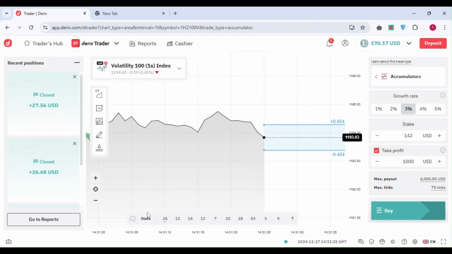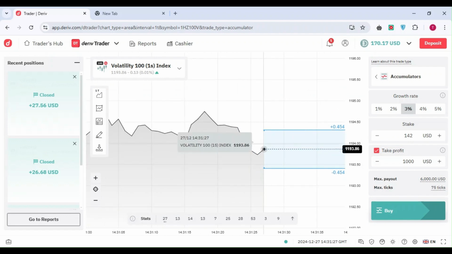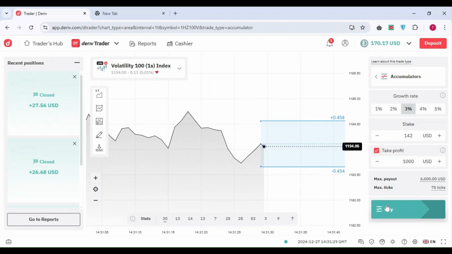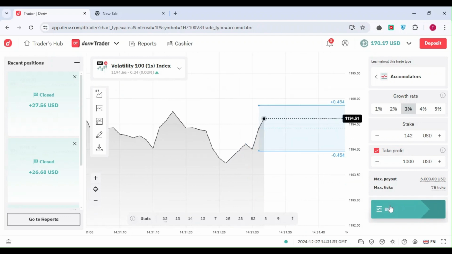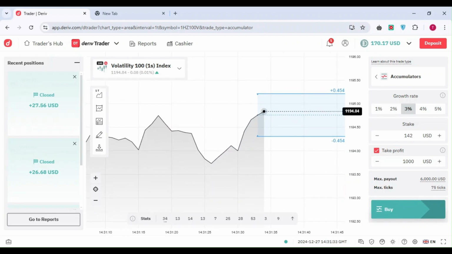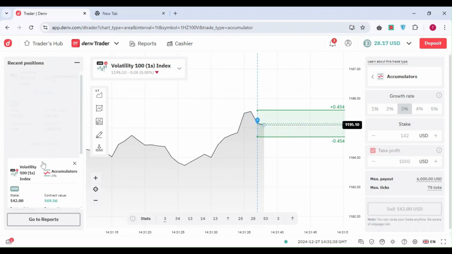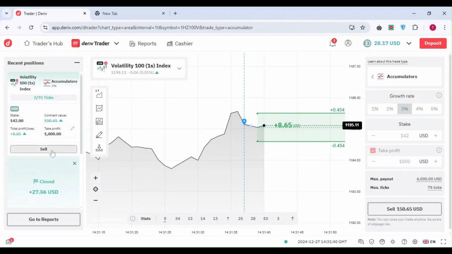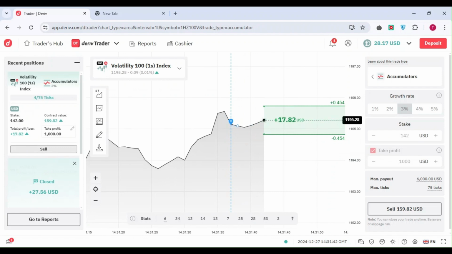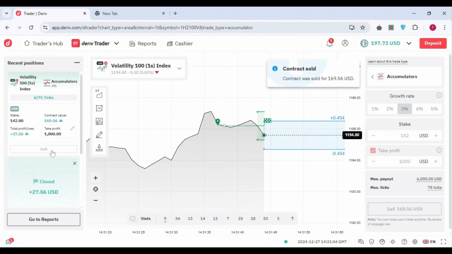So once you get into the trade, for example, here we can get into the market, and let's see. Once you get $20, you're going to get out of the market. 17, 20, get out of the market.